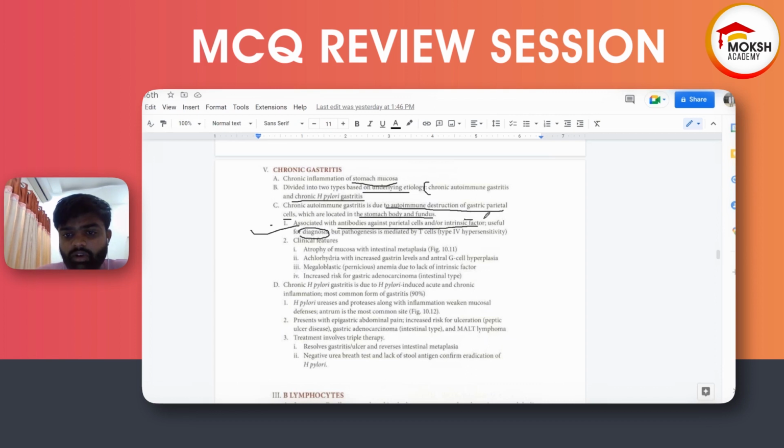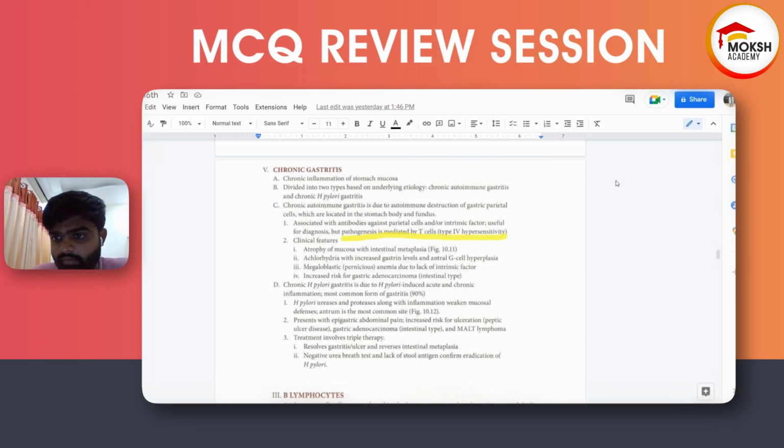This antibody is produced by B lymphocytes, or mature B lymphocytes, which are called plasma cells. The pathogenesis is mediated by T cells. The clinical features include atrophy of the mucosa and achlorhydria with increased gastrin production.